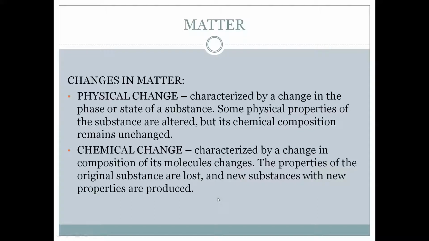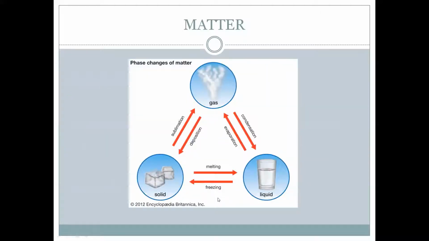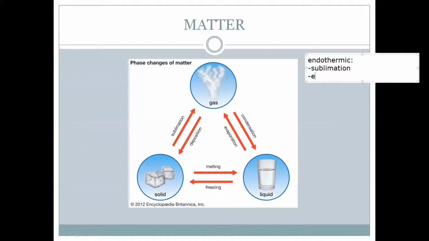Okay? Next. Ito naman tayo, the phase changes of matter. Now, we have two types of phase changes. Okay? I'm gonna write it down here. We have endothermic, which includes sublimation, evaporation, and melting.